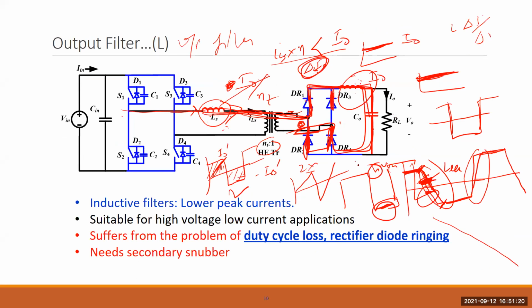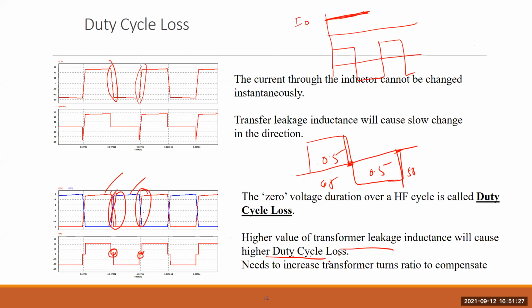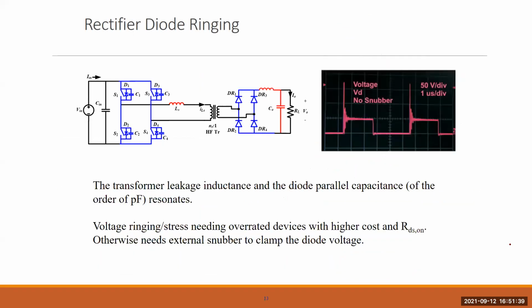Then you have to increase the turns ratio somehow to get the same output voltage. So if the duty cycle loss is larger, you have to increase the transformer turns ratio to compensate for it. So this is one problem if we use an inductive filter.